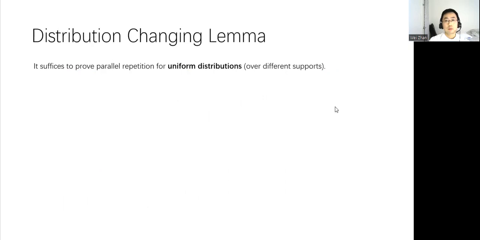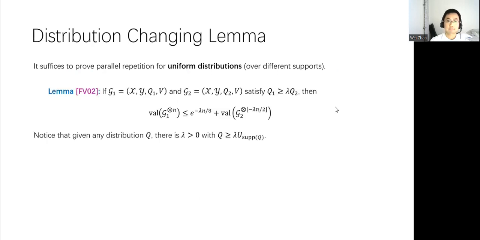Our proof for all 3-player games with binary alphabet crucially relies on a lemma, which we call the distribution changing lemma, that allows us to focus only on uniform distributions over some support. The lemma by Feige and Verbitsky states as follows.